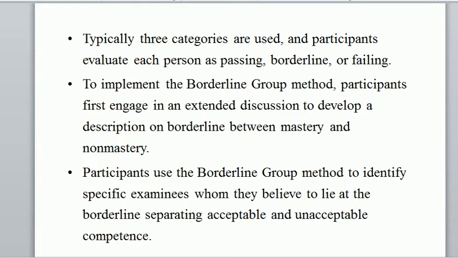Dear students, an extension of the borderline group concept has been described by Blake and Hamilton, 2001, which suggests an alternate procedure that has some record of successful implementation.